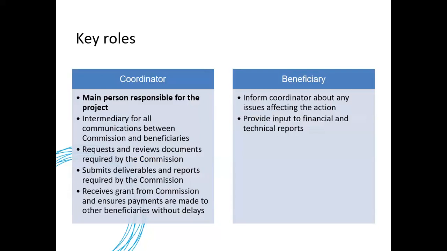At proposal stage, the coordinator is responsible for collecting all the information from the partners and submitting the full proposal. And then, once the grant agreement is signed, the coordinator is the main contact point responsible for the project. So he or she is the intermediary between the Commission and the beneficiary.